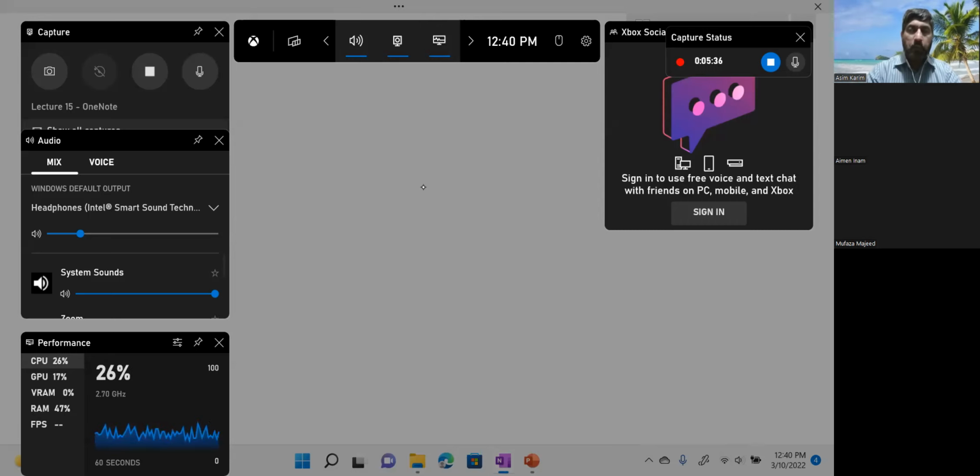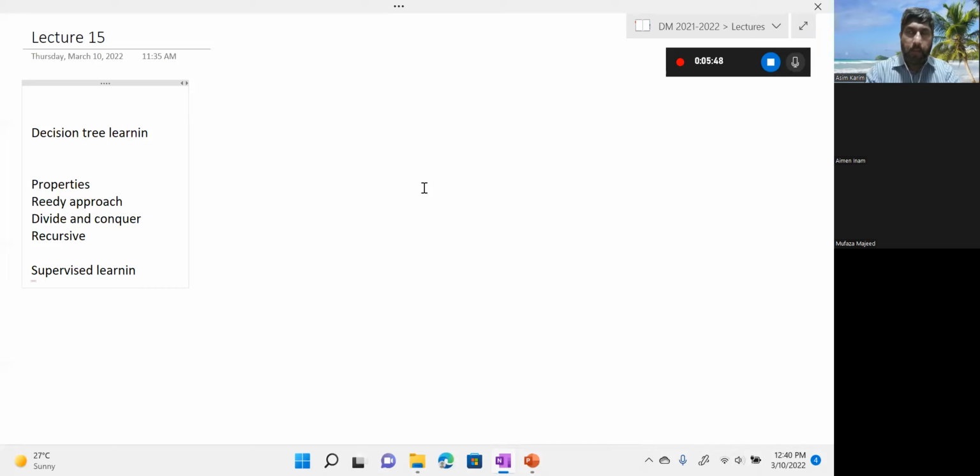So these are some algorithmic properties of the learning algorithm. Of course, from a machine learning perspective, as I said, it is supervised learning. And another characteristic from a machine learning perspective is that this is sometimes also called an information theoretic approach.